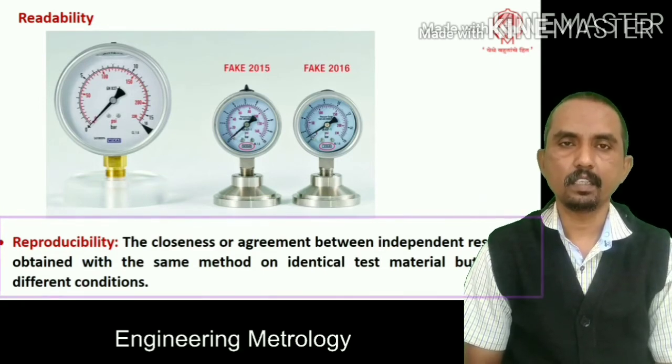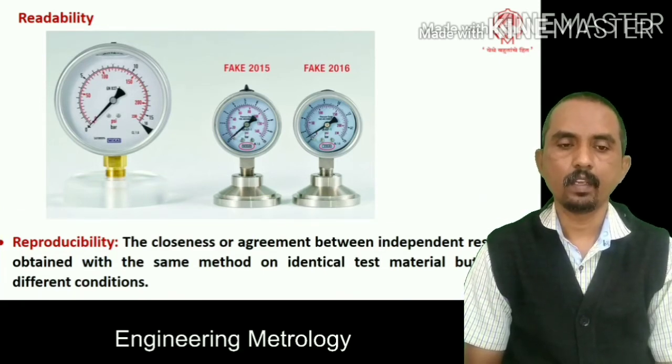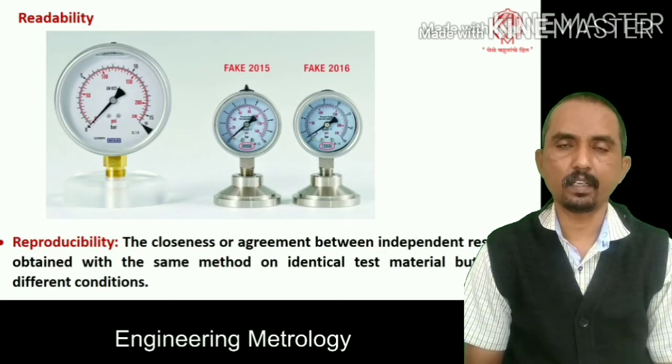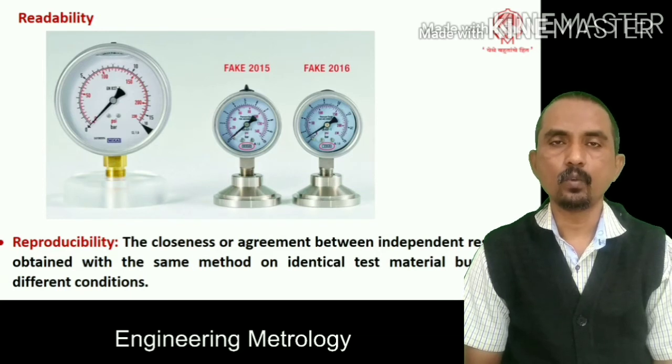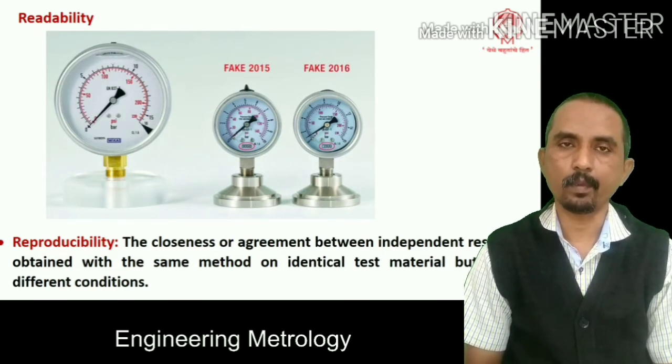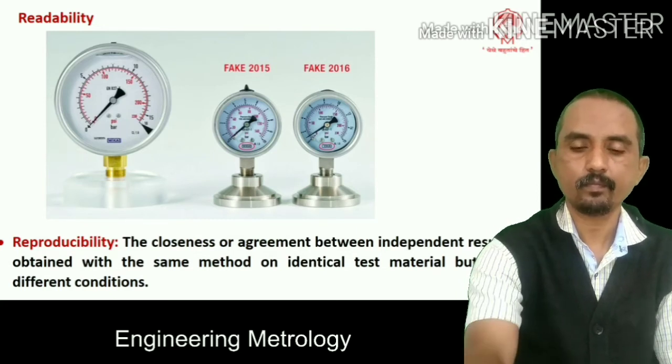Here the measuring instrument is the same, the method is the same, the operator is the same, but the conditions are different. And under these different conditions, if the instrument shows the same reading again and again for the same input, then we can say that the instrument has the characteristic of reproducibility.